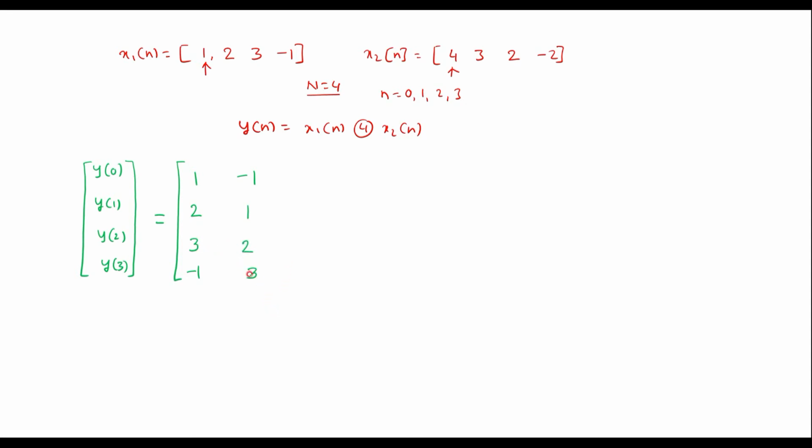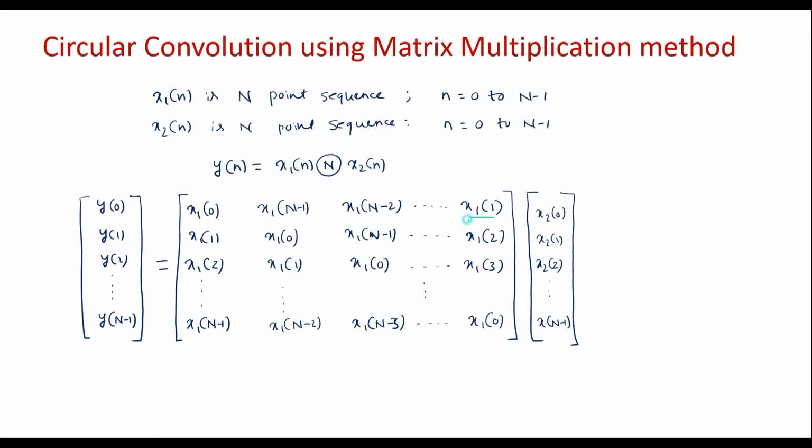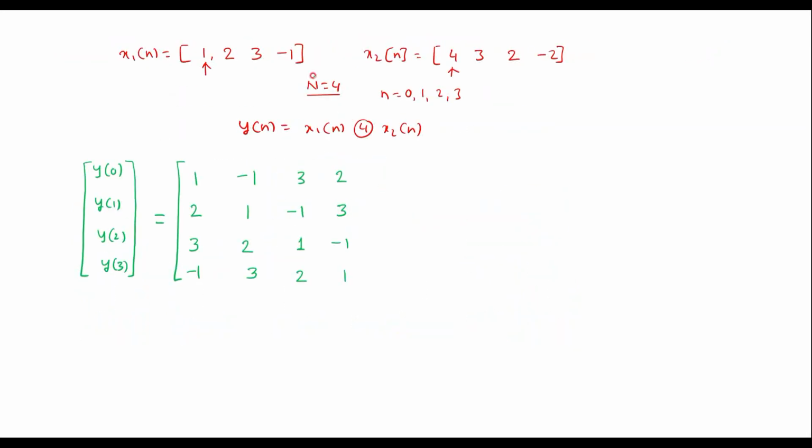In the next column, this 3 will be shifted here, minus 1 here, 1 here, and 2 here. Now this 2 is shifted circularly, that is 3, minus 1 and 1. Here the last value is x1 of 1, which is 2.